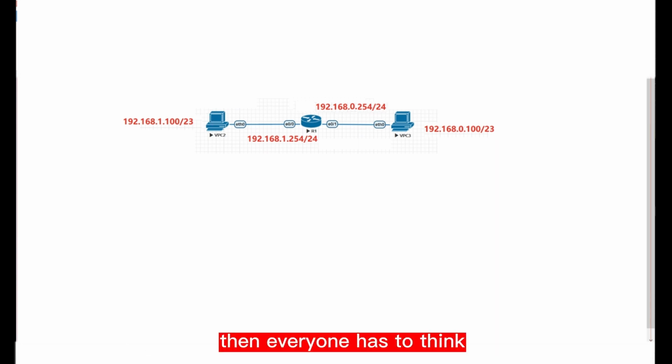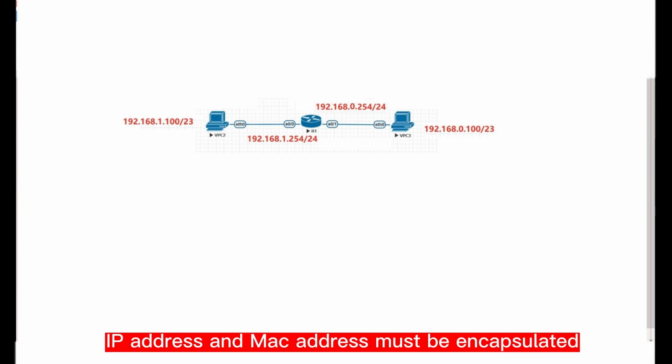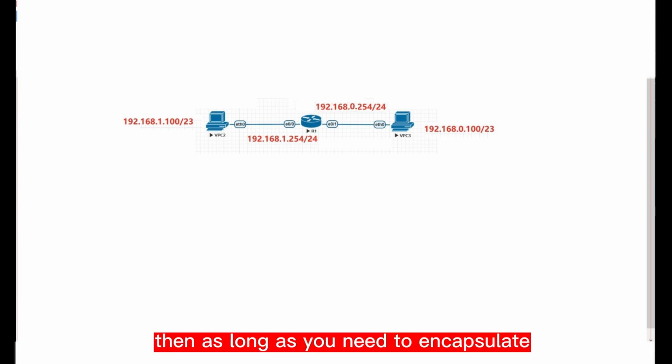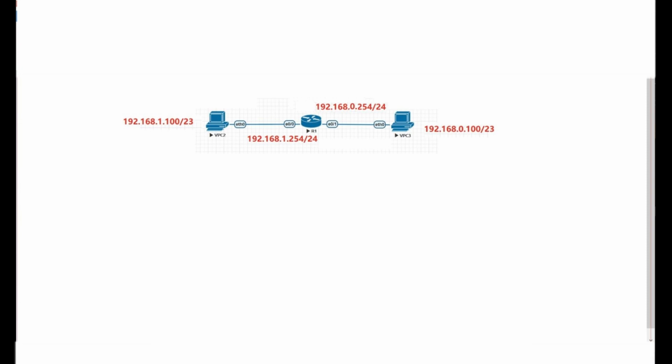Everyone has to think about the corresponding relationship. As long as a device wants to send data, it performs data encapsulation. IP address and MAC address must be encapsulated. As long as you need to encapsulate, there is an ARP cache.